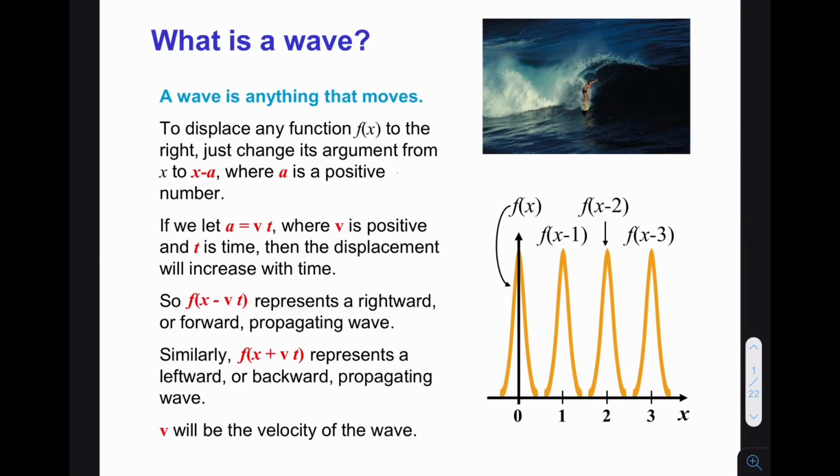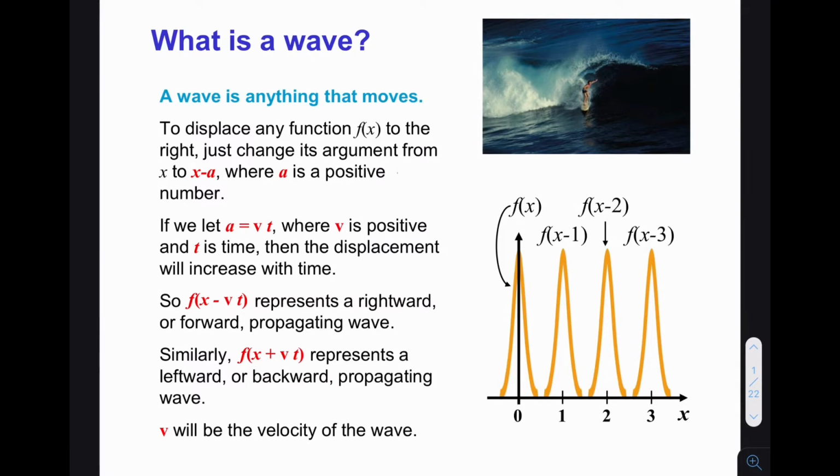If we replace this 1 with 2, the function f(x) shifts towards the rightward direction by the amount 2. So changing the argument shifts the position of the function.